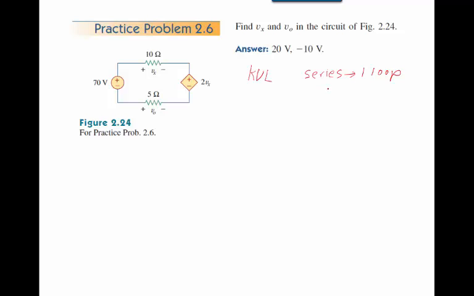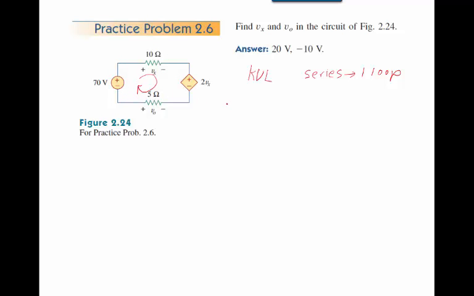KVL says the sum of the voltages around the loop is 0, so it makes sense to use KVL. I am going to somewhat arbitrarily draw a loop, which defines the direction in which I'm going to analyze this circuit. As a rule of thumb, go around the loop and take the voltages as they come.